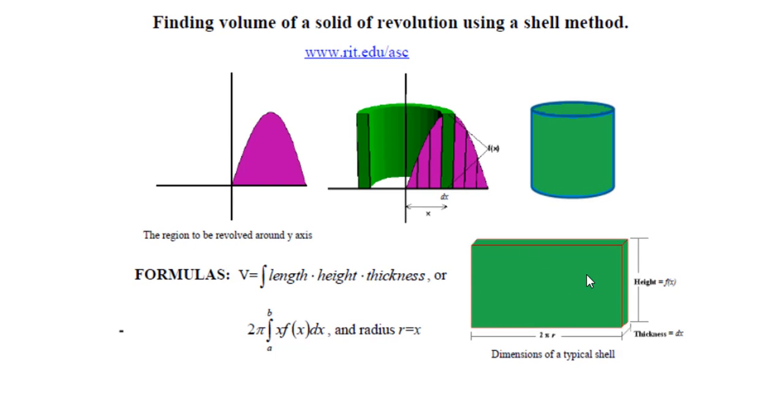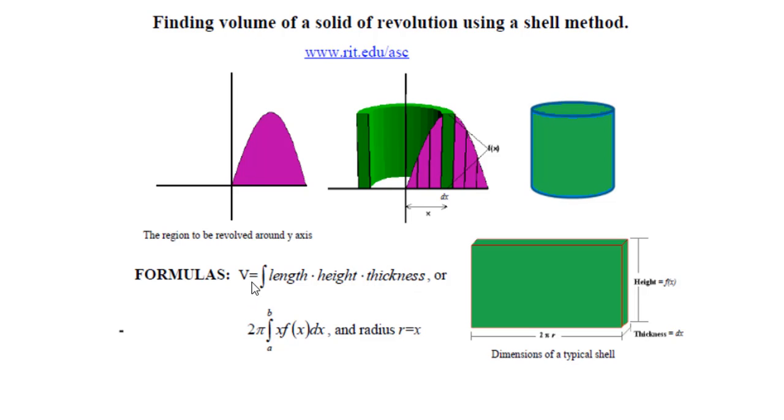So the volume of this rectangle, we can figure out: the length equals 2 pi r. The r will be the x coordinate. Thickness, think about this as a piece of printer paper, very thin, so we use dx to stand for that. The height will be f of x because this shaded area is on the x-axis.